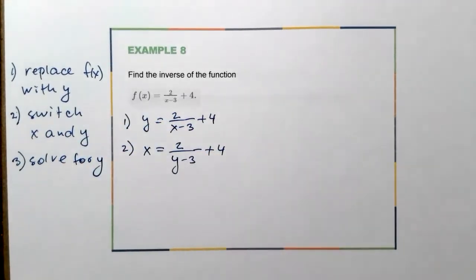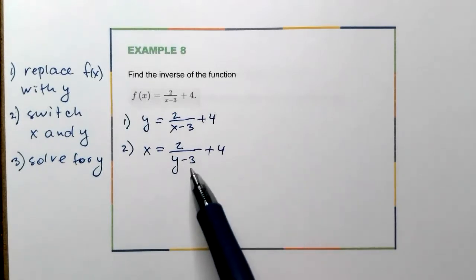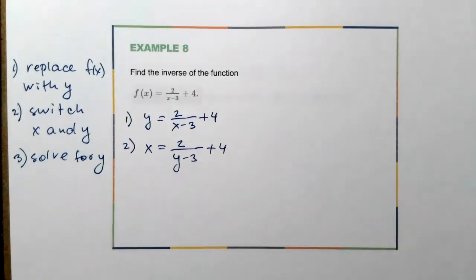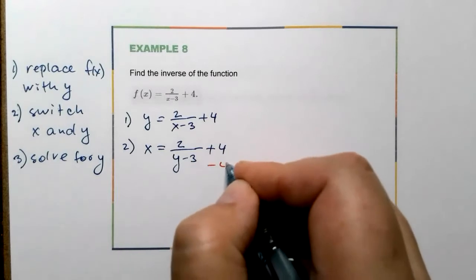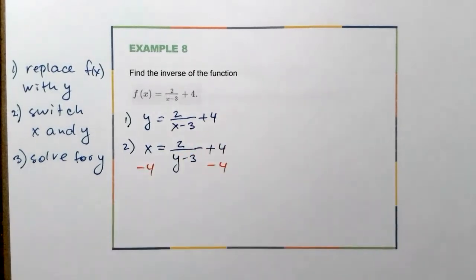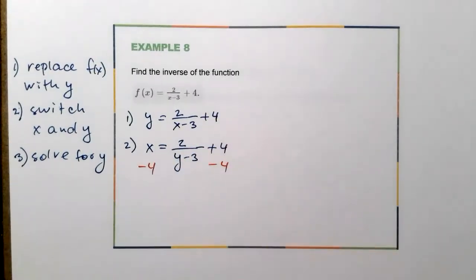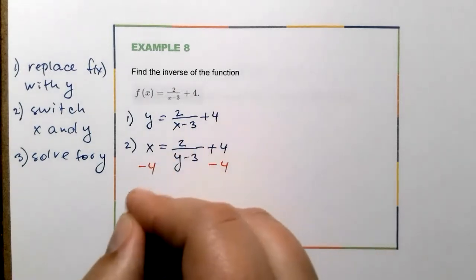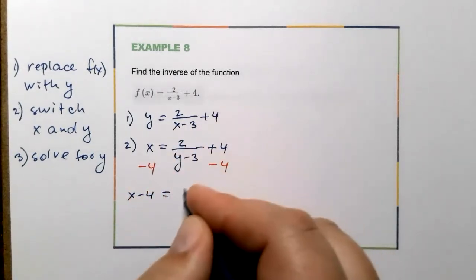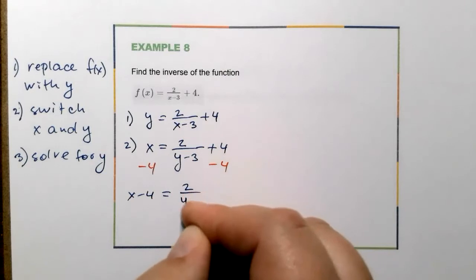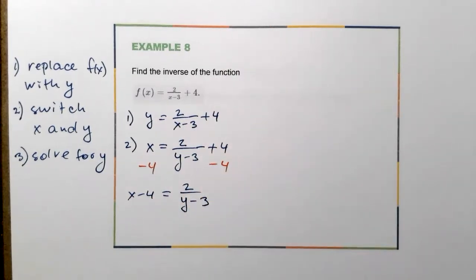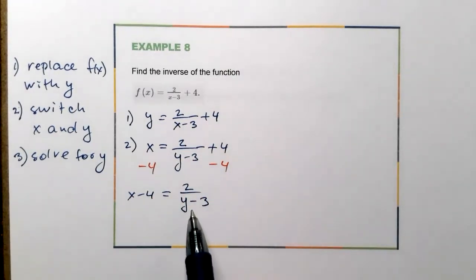Okay, the new equation. First thing we need to do is bring 4 to the other side. So we have x minus 4 equals 2 over y minus 3. Now my y is in the denominator.